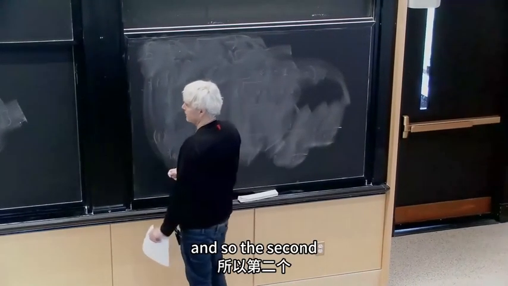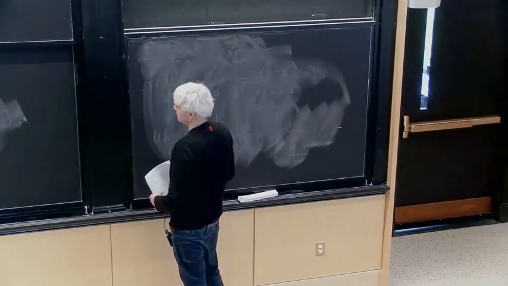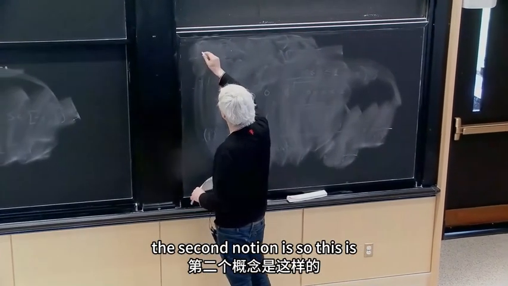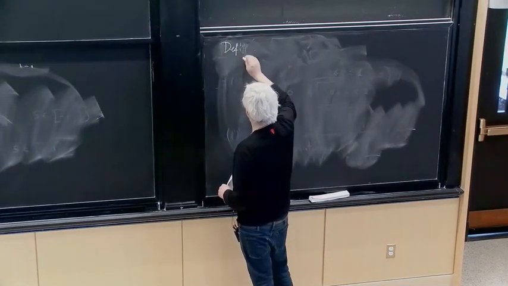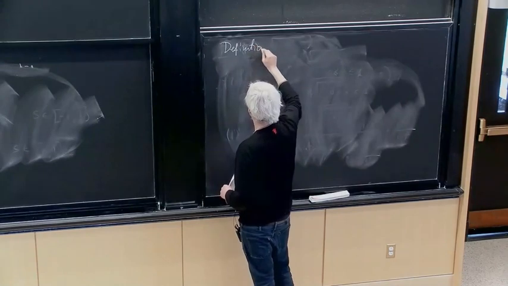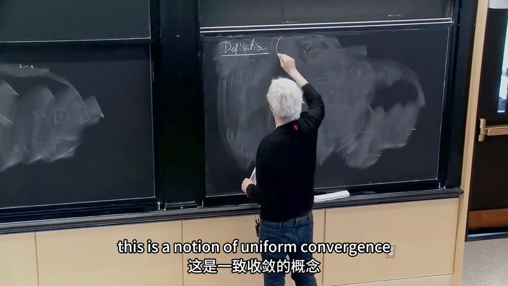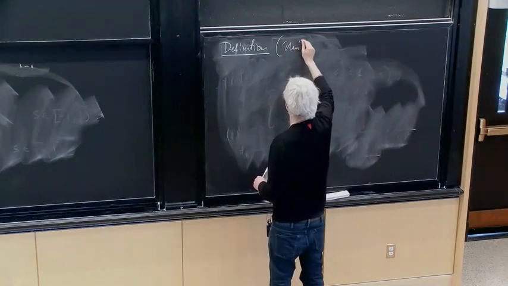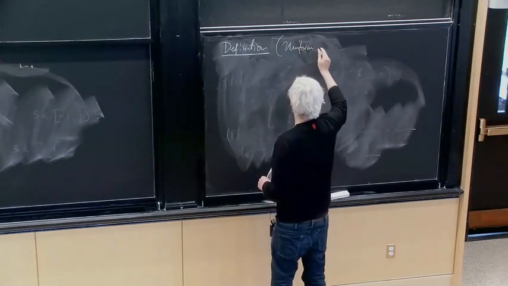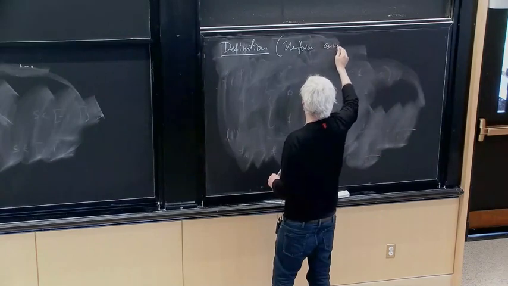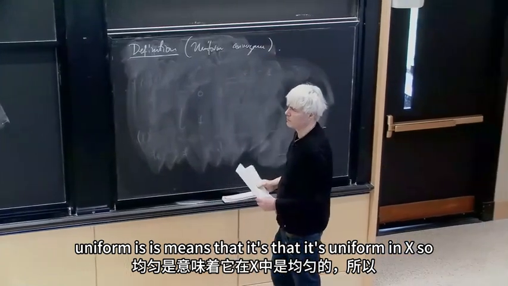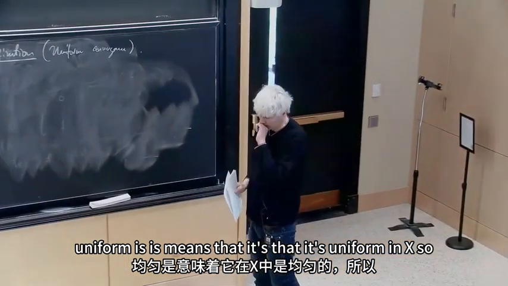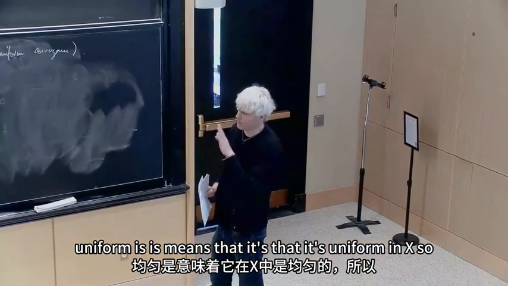And so the second notion is the notion of uniform convergence. Uniform means that it's uniform in x.